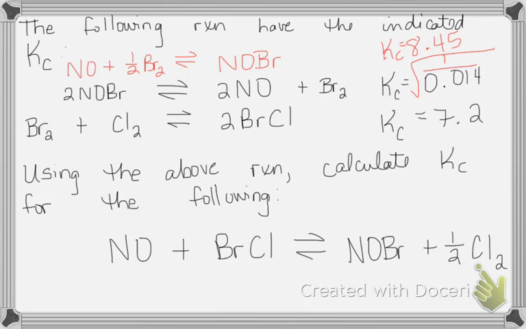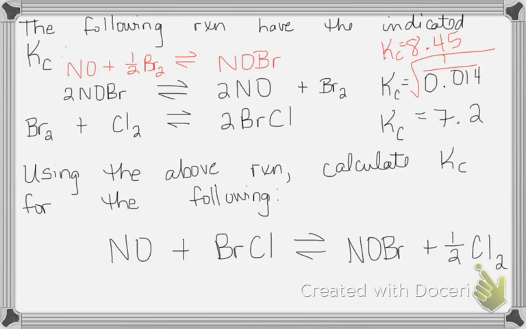Do I need to do anything to that second equation? The second equation, do you know what I'm talking about? I'm talking about Br2 plus Cl2. I know that I need Cl2 to show up over here on the product side, don't I? So that tells me I've got to do what? I've got to flip it. Also, I've got to half the coefficients of that one as well because I want Cl2 to have a coefficient of 1/2.